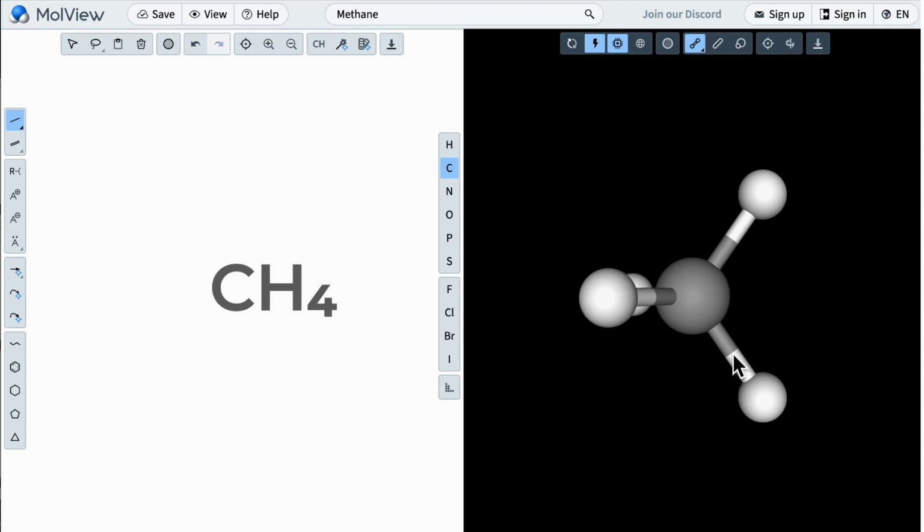That's the compound we were just talking about in 3D, right? With the dashed line and the wedge. Remember, the wedge means it's coming towards you and the dash means it's going to the back. And then there are always going to be two of the atoms connected to carbon in the plane. So what do we mean by this?